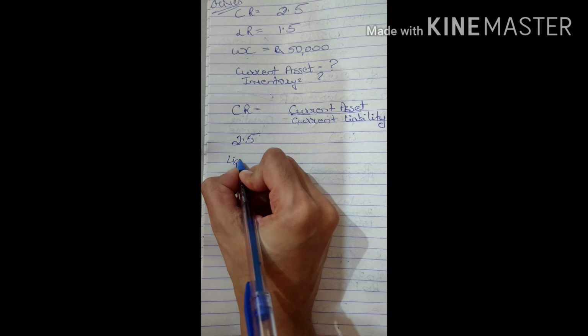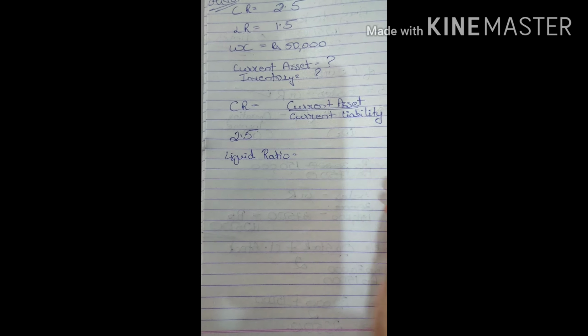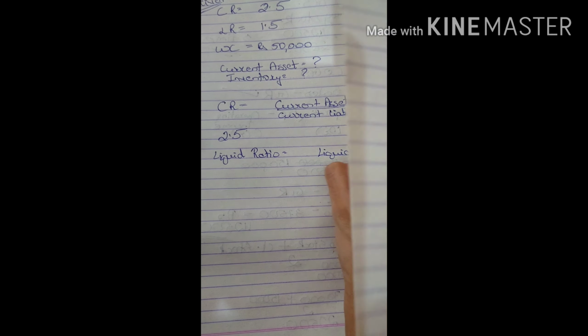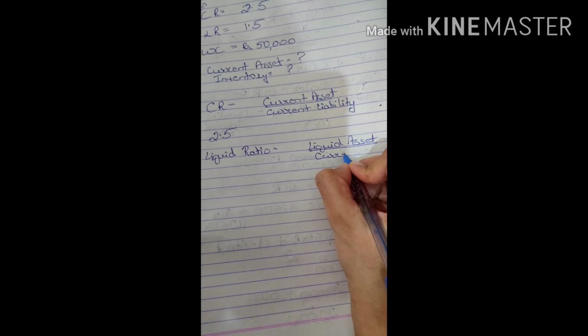Now coming to the formula of liquid ratio. The formula for liquid ratio is liquid asset divided by current liability.